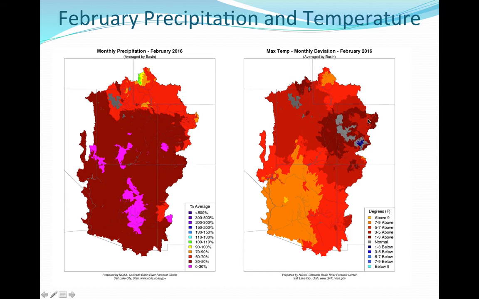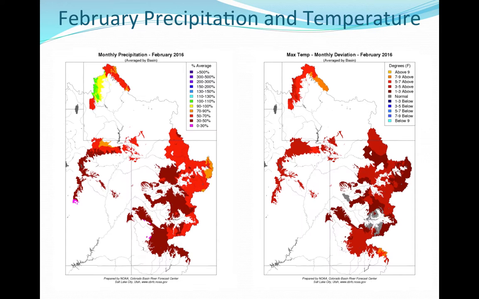You can see the departure from the maximum temperature averages here on the right. Generally, we were 5 to 9 degrees above average throughout the basin. This resulted in early snowmelt in some areas. Kind of zooming in on those significant areas in the upper Colorado River Basin.